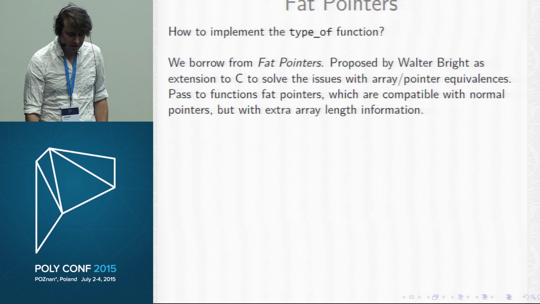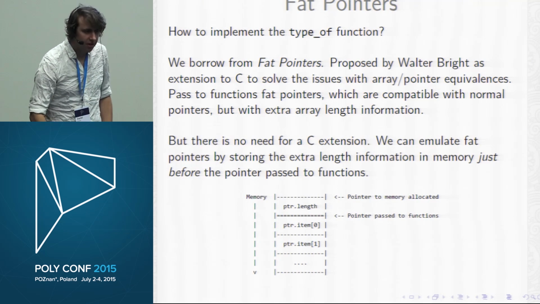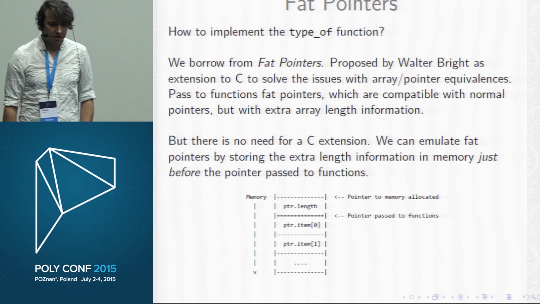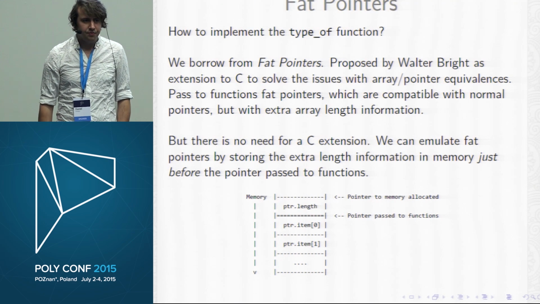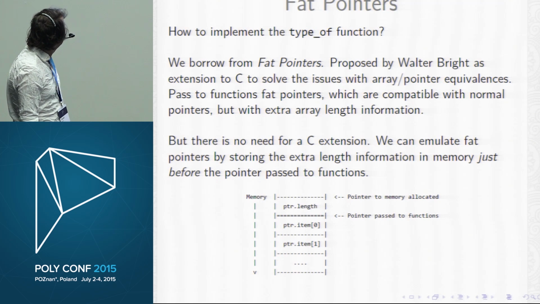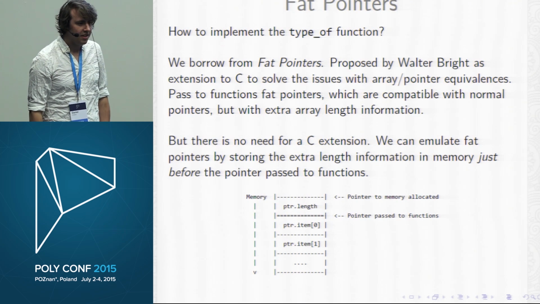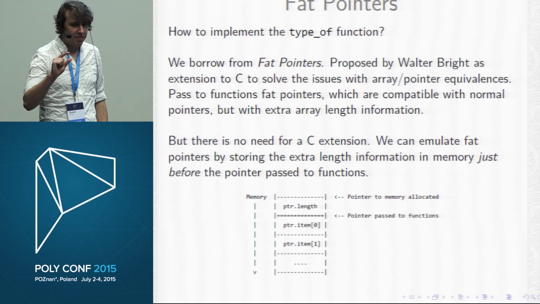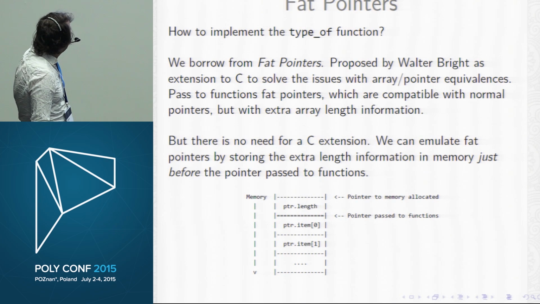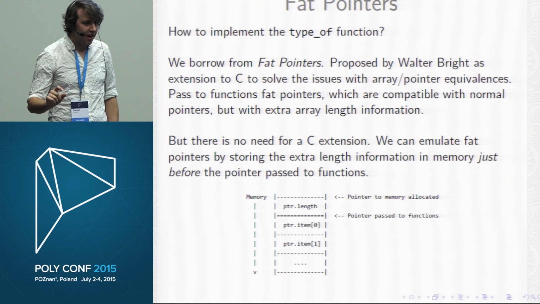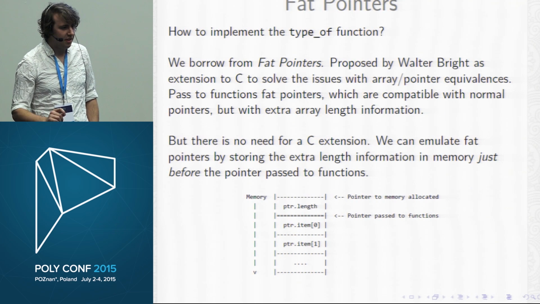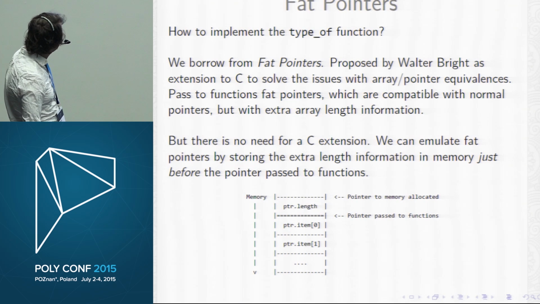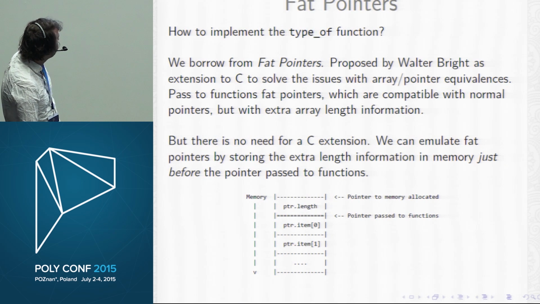This was proposed as a C extension, but actually, you don't need a C extension. You can do a little trick to emulate it. When you allocate an array, you allocate a little bit of extra memory at the top, and in this memory, you put the length of the array. Then what you actually give to people is this offset one, which points to the first item in the array.